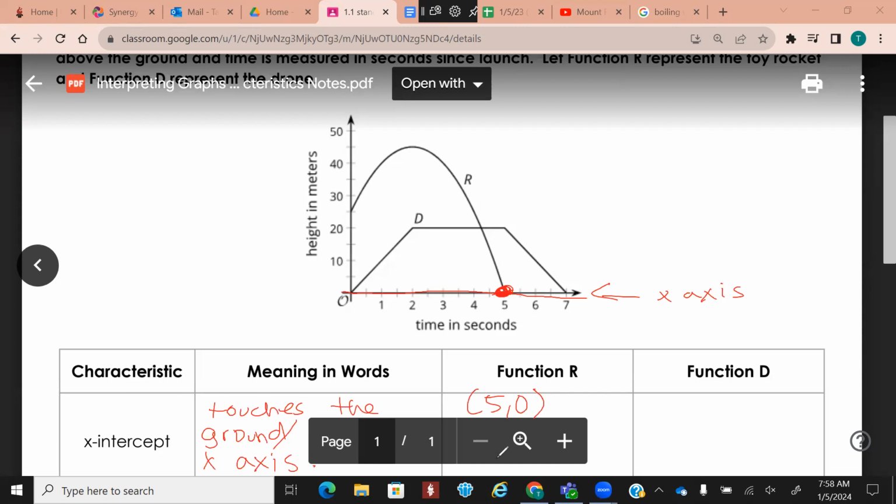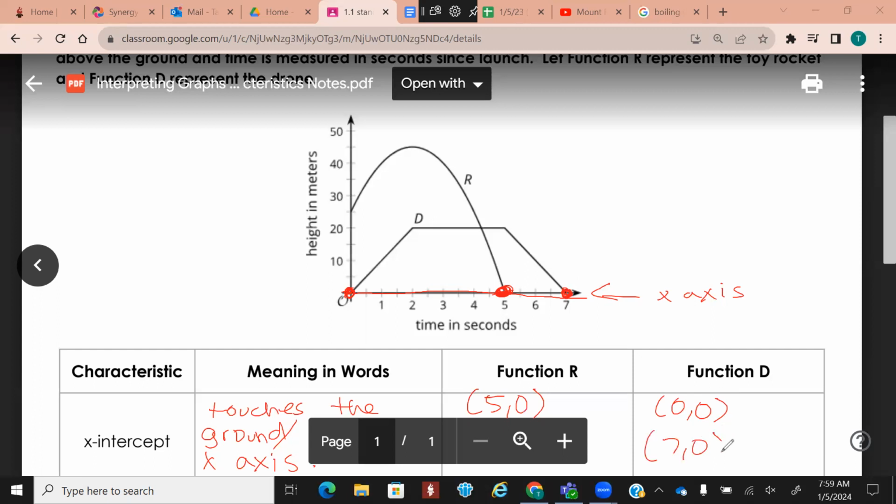What about the drone? Have you ever flown a drone before? You've all seen a drone before, right? They always start on the ground, then they go up, they move laterally, and then they go back down. So where did it start? We have (0, 0) as an x-intercept. And then where did it stop?